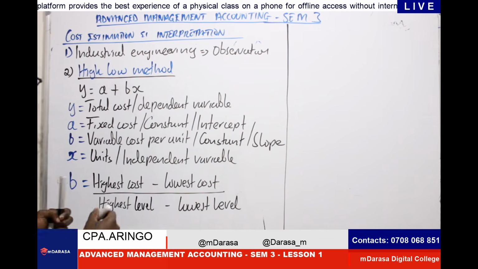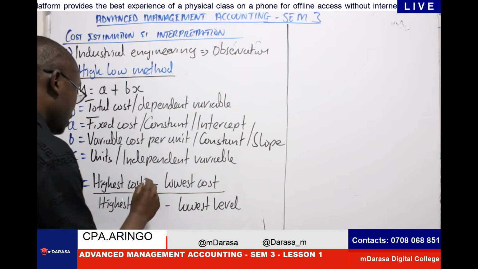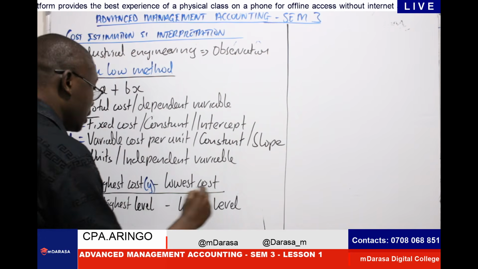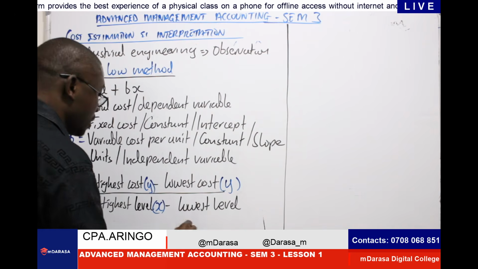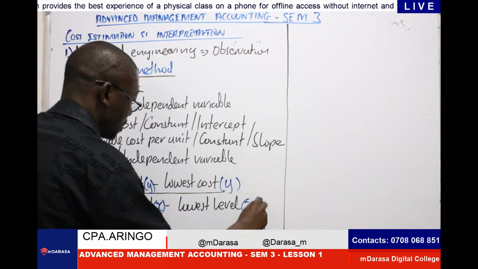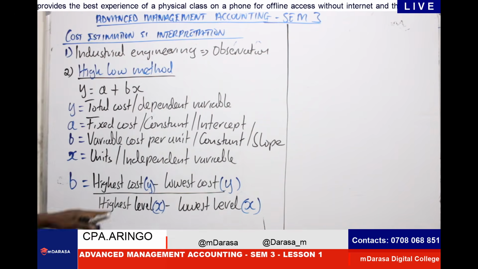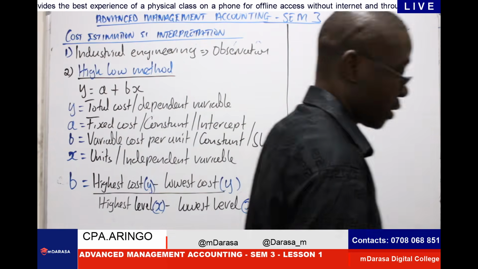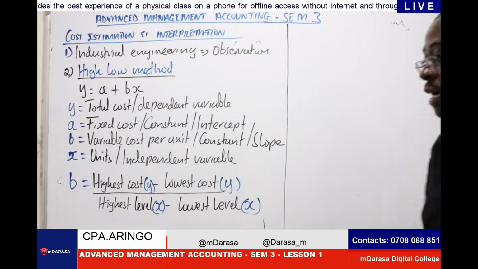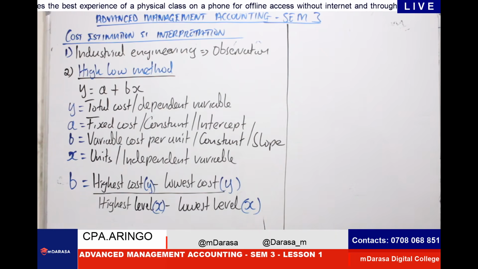So here we are looking at highest Y, lowest Y, and highest X and lowest X. Once we are able to determine this, you're done with the high-low method. You're literally done with the high-low method.